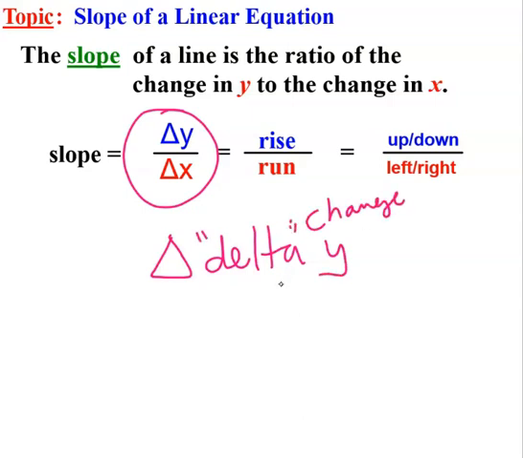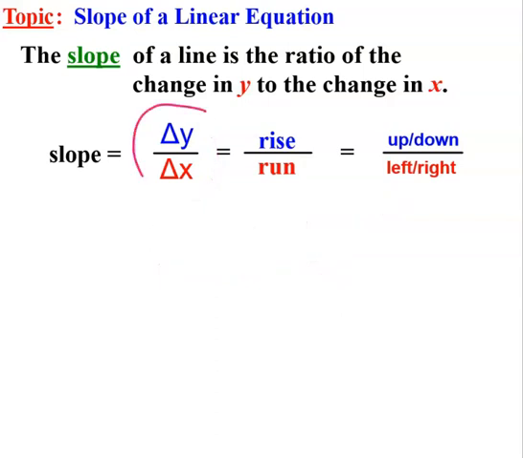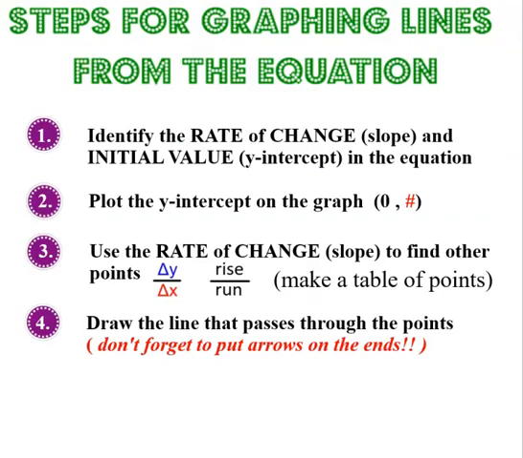So delta means to change. So some teachers may describe it as delta y over delta x. Some teachers may call it a rise over a run. But all that means is how will the point move up or down, and then how will the point move left and right.